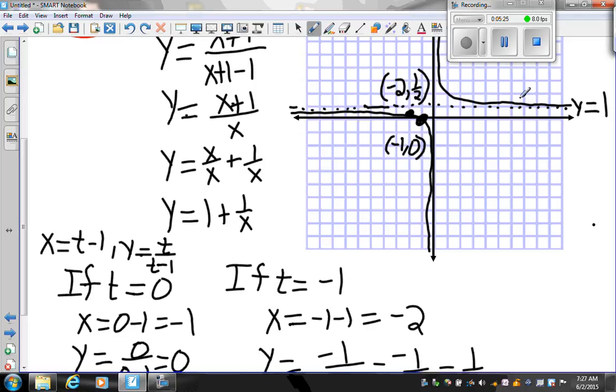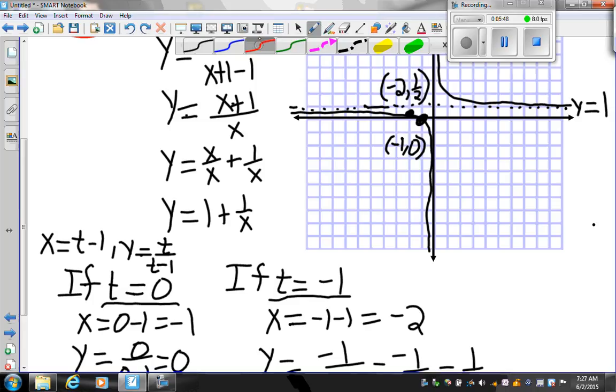Now, remembering that in order to get orientation, we move from smaller t to larger t. So then the negative 1 would be the smaller t. That's where we get the point negative 2 comma 1/2. And then we're going to move to the larger t, which is t equals 0, which gives us the point negative 1, 0. So for this portion of the graph, and this graph's a little cluttered, so let me use a different color to indicate the orientation. We get orientation in this direction.